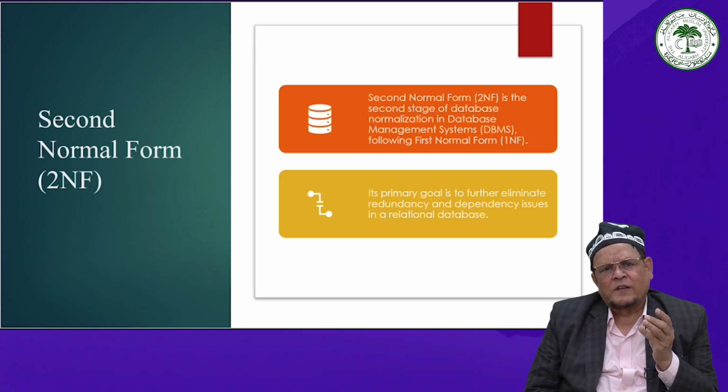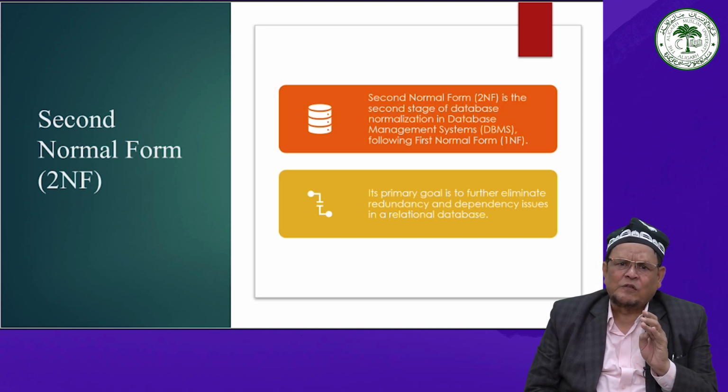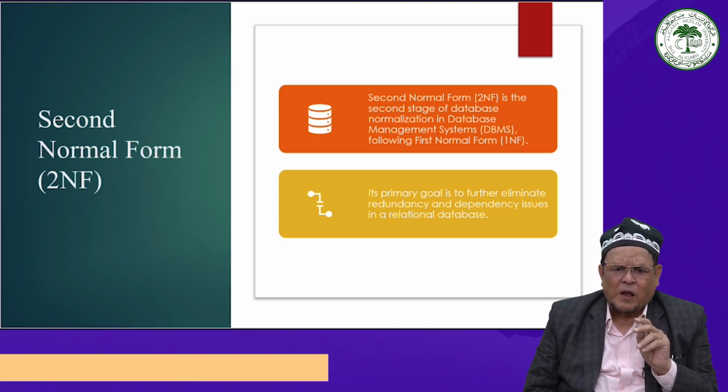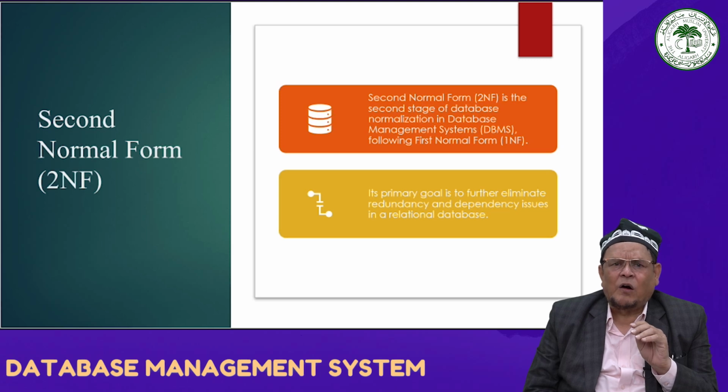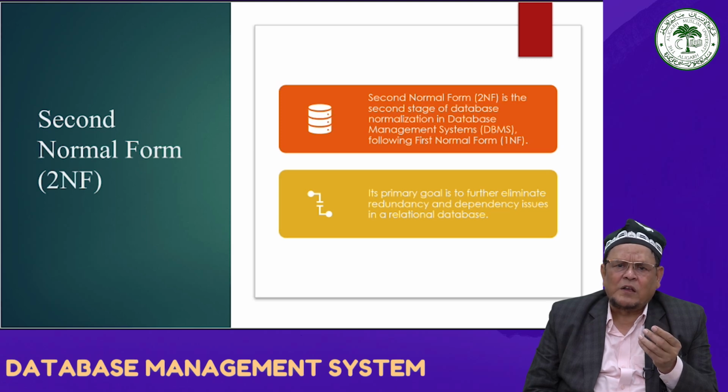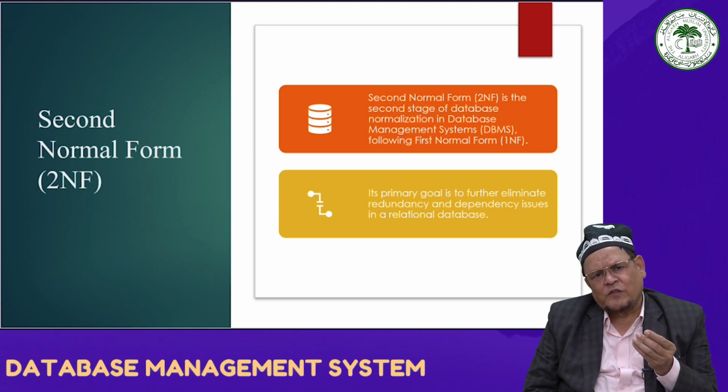Insertion anomaly: at the time of insertion, you should be able to insert information easily without any dependencies. Deletion anomaly: if the employee has been fired, expired or retired, what will you do? If you delete the information and in future you want the address of that employee, you are not able to retrieve it, so it will not fulfill that.